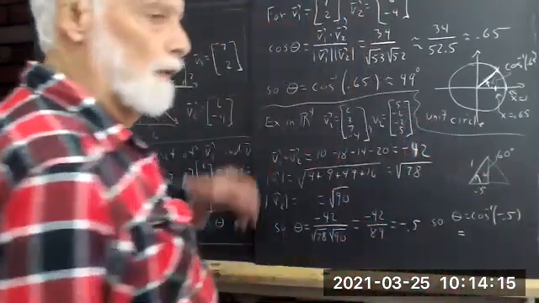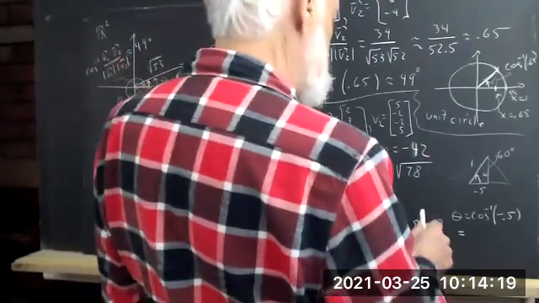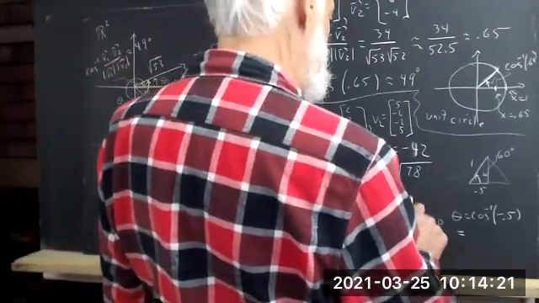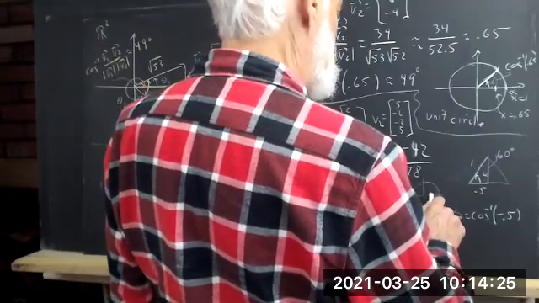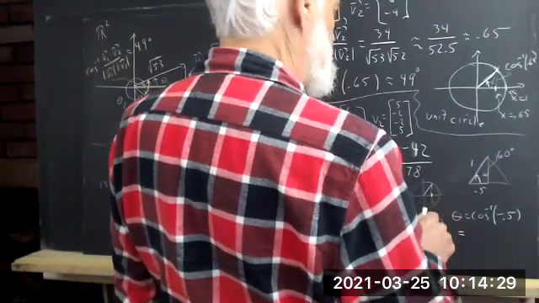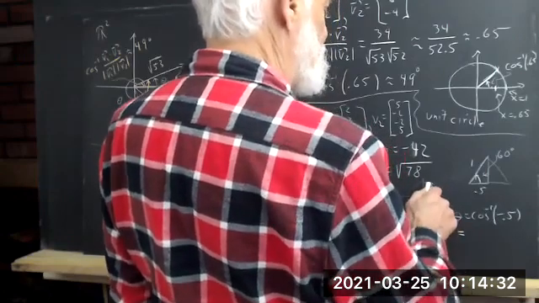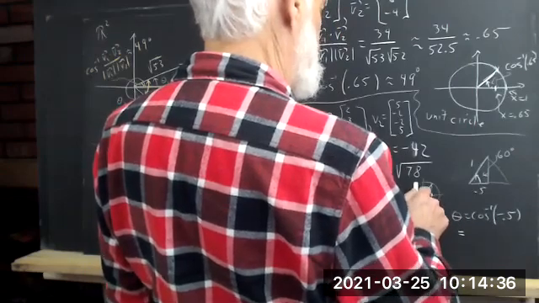Now, the inverse cosine of negative 0.5 would be what? Well, on the unit circle, here's 0.5. Here's the inverse cosine of 0.5. Here's negative 0.5.